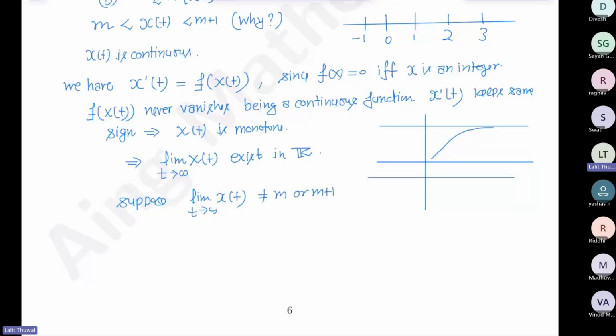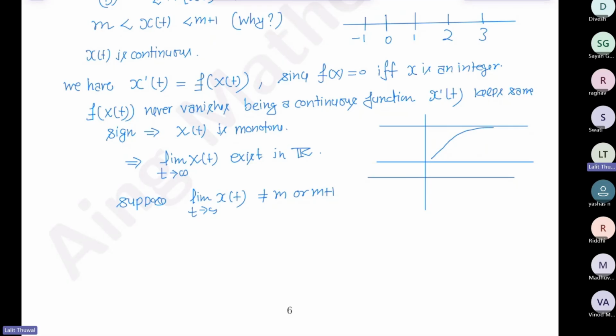If it is m, then we are done, or m plus 1, then we are done, and beyond that the limit cannot be, because x(t) is bounded between these lines, so x(t) can go up to m plus 1 and m.